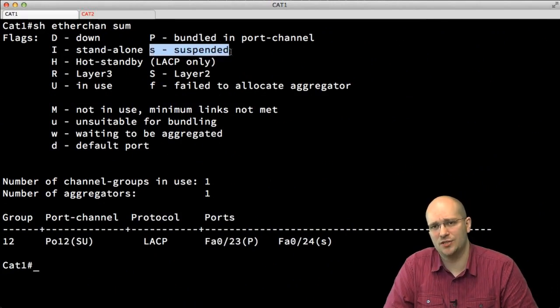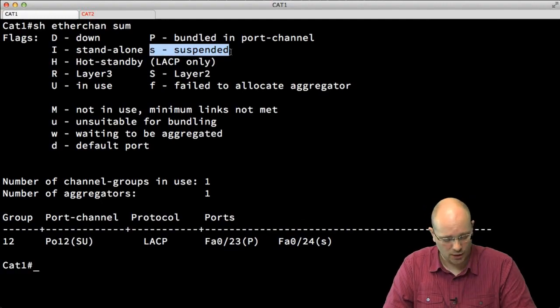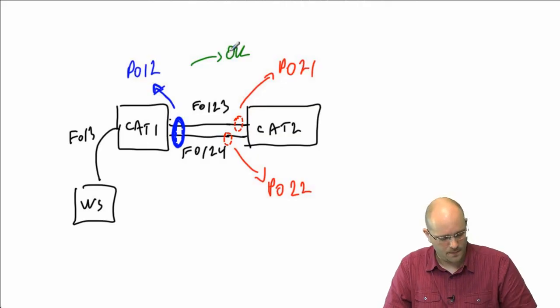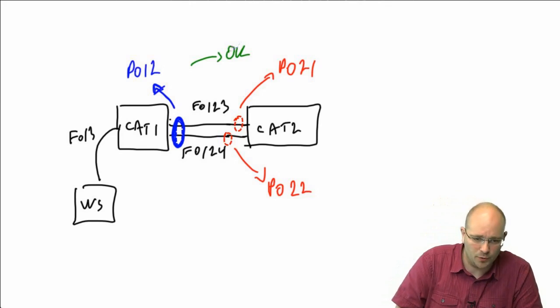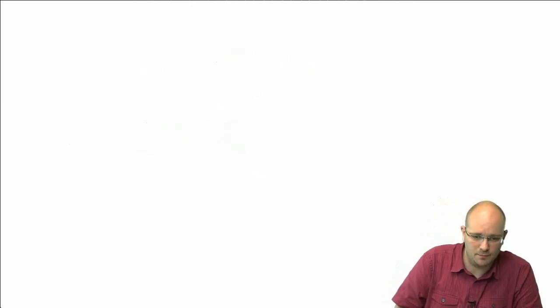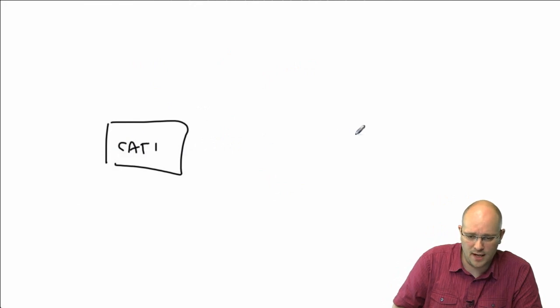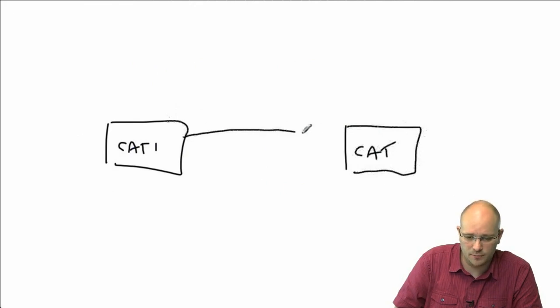Why is it in suspended state? Well, let's take a look. So if I go back to my whiteboard, I'll give you just a brief example of this. I have Cat1 and I have Cat2. I have two links between them.